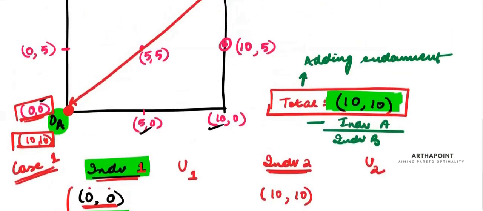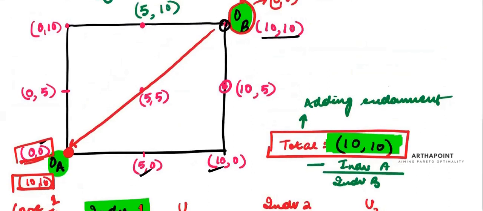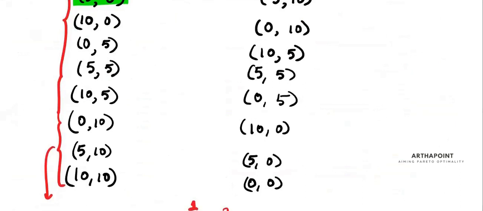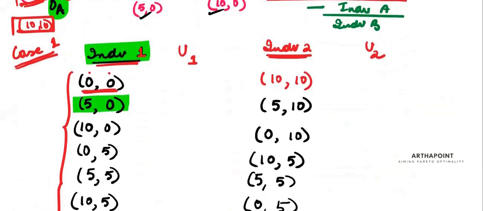So 10, 10 is this point for individual A. He is the farthest away from his origin, which means that individual B will be at his origin and won't have anything left with him. You must first of all learn to make this table. This is important. This is the basic building block of this chapter. You have to understand how to prepare this table.